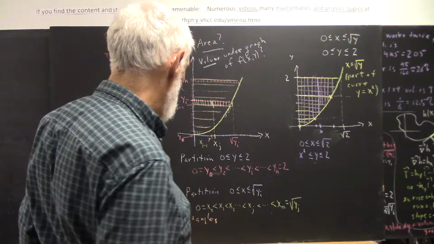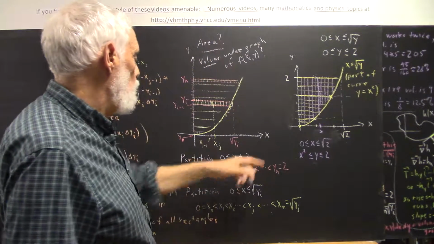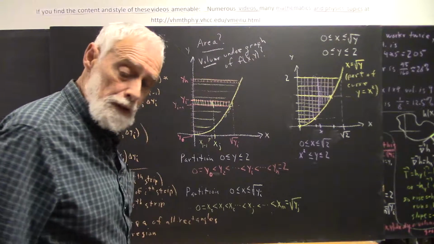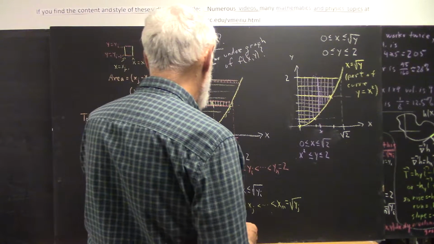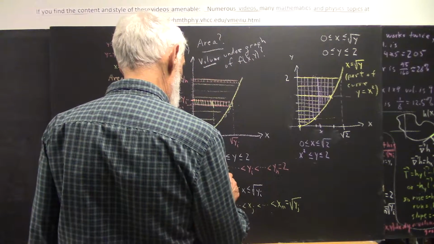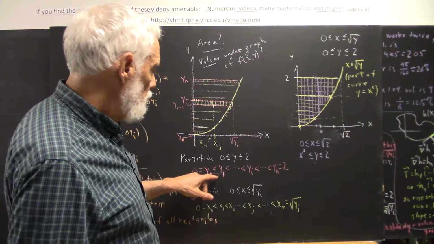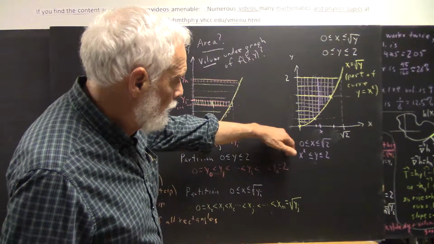We're going to partition those values of x. So our partition from y equals 0 to 2 is just 0 equals y naught, which is less than y1, then less than y2, etc., up to yn, which equals 2. I made a mistake in here: I changed the subscript here and didn't change the subscript there.